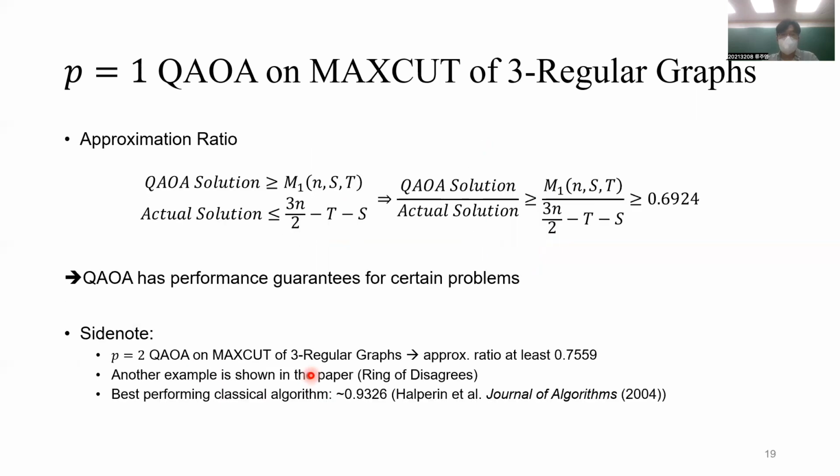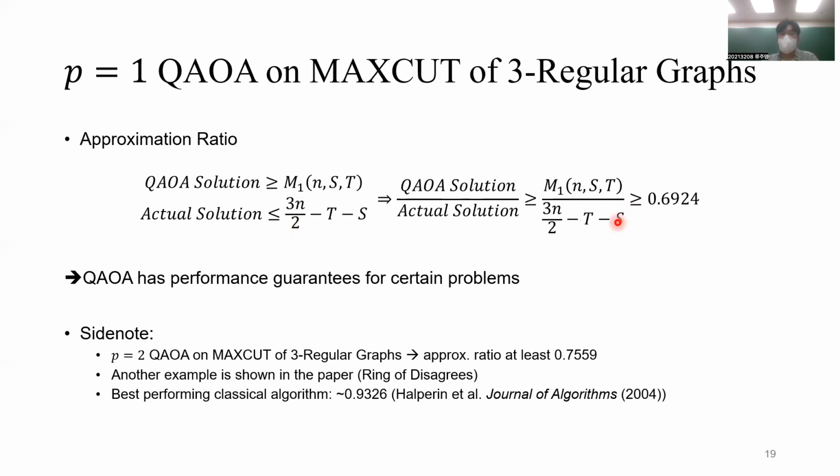So using these 2 inequalities, we can make a bound for the approximation ratio. So we know that the QAOA solution must be larger than or equal to M1. And we know that the actual solution is less than or equal to 3n over 2 minus T minus S. So if we just simply divide these 2 terms, then we can see that the right-hand side is a lower bound.